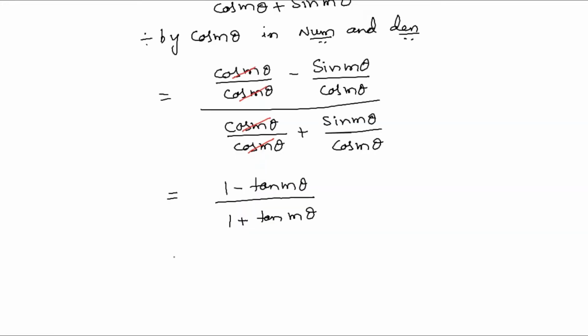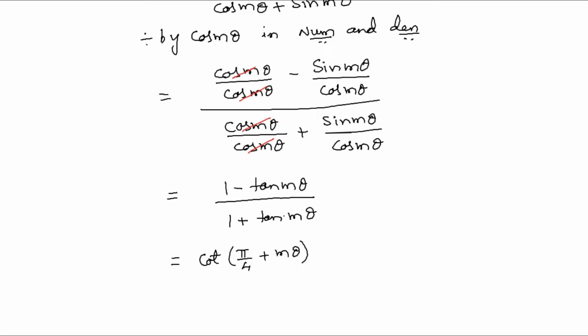So this particular value, 1 minus tan m theta divided by 1 plus tan m theta, can be expressed as cot of (pi by 4 plus m theta).